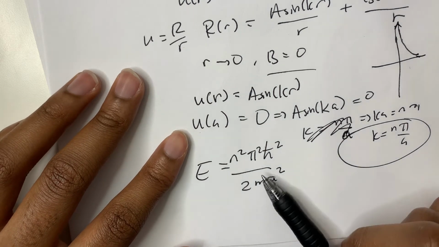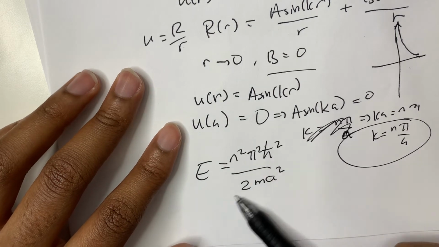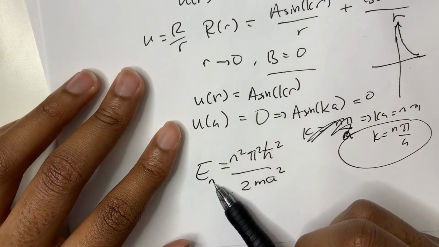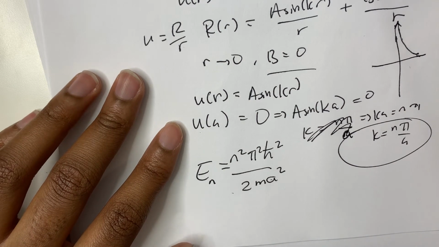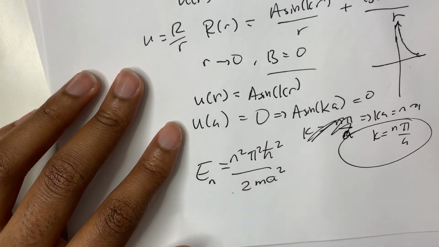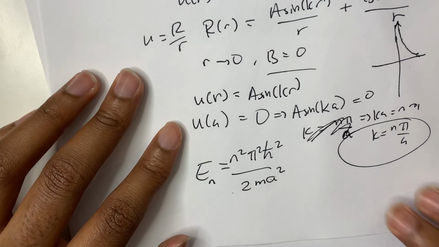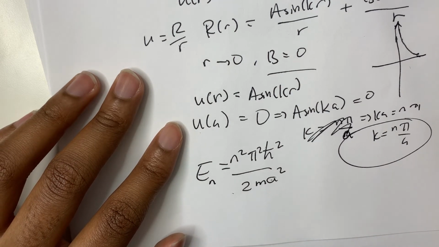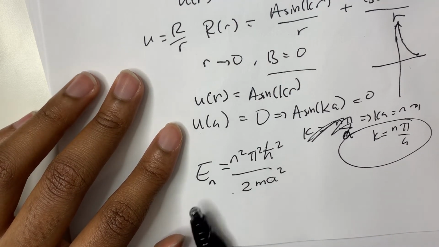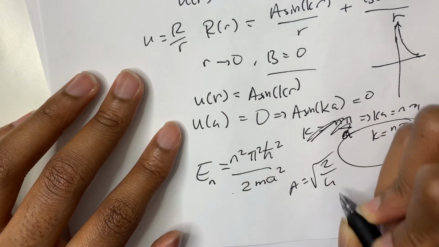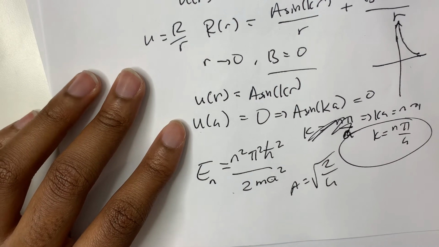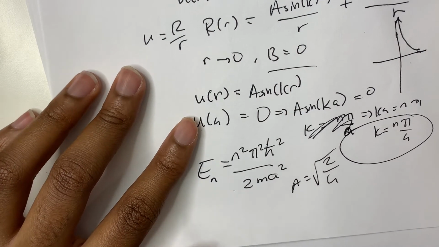Okay, so these are our energy eigenvalues, and they depend on this thing called n, also known as the principal quantum number. Okay, great. But we still have a slight problem. Oh, wait. Also we have to normalize u of r. Doing normalization, we find that A equals the square root of 2 over small a. So this is actually all fine and dandy.